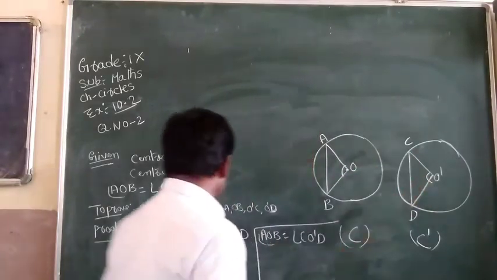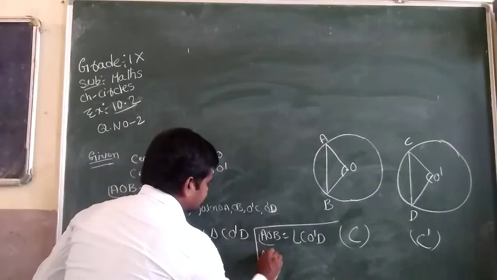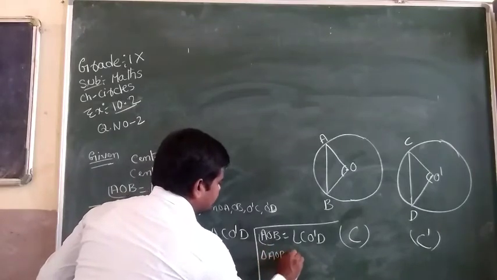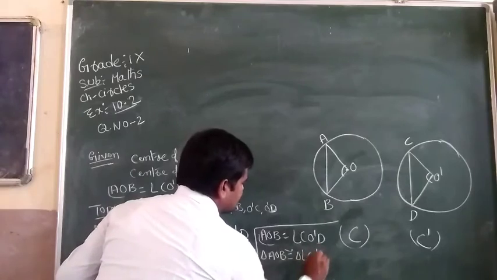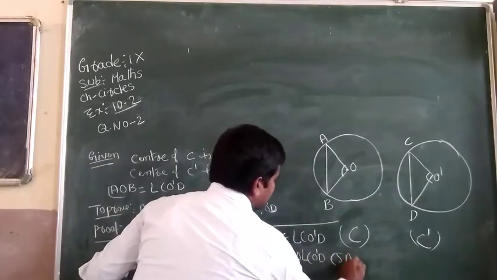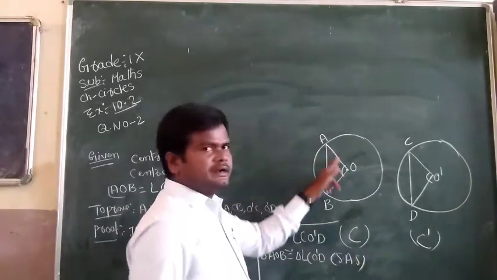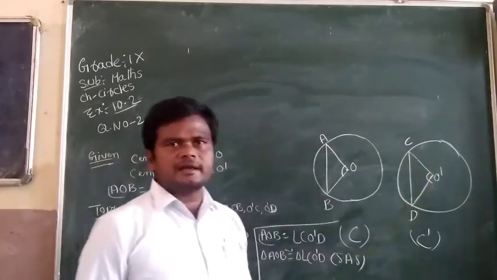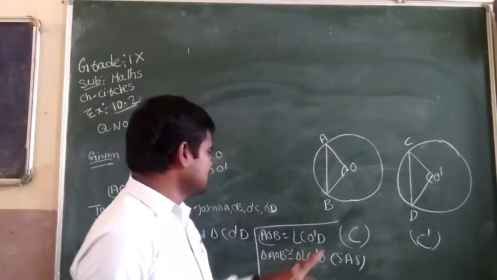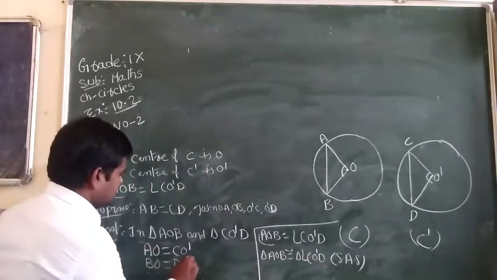Therefore triangle AOB is congruent to triangle CO dash D by the side angle side criteria. These two triangles are congruent.